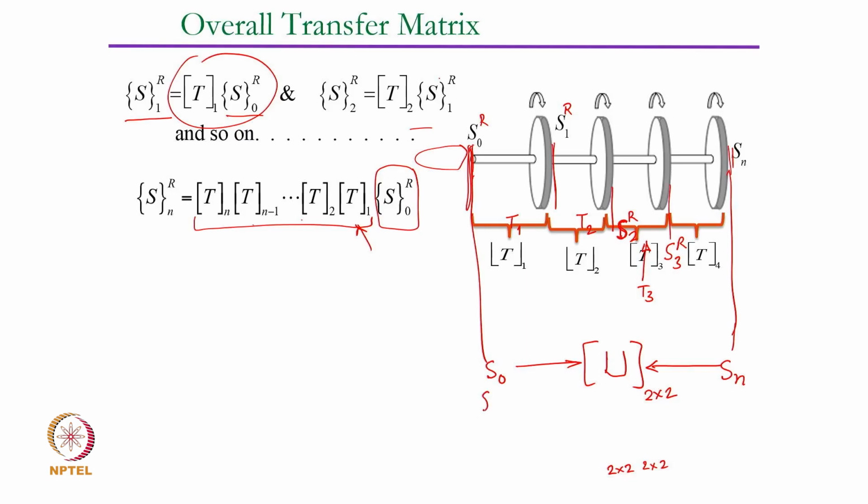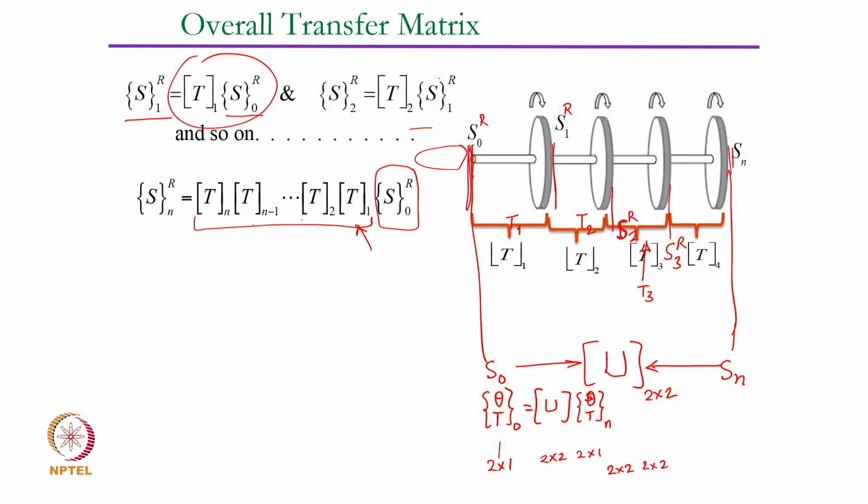So, the state vector here is going to be theta and torque related through this overall transfer matrix to theta and torque at the nth station. Okay. So, this is a 2 cross 1 vector, this is a 2 cross 2 matrix, and this is 2 cross 1.